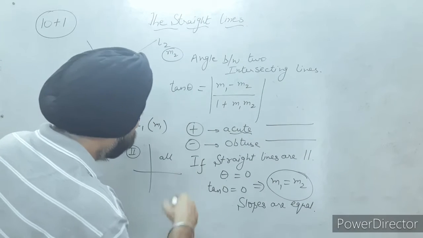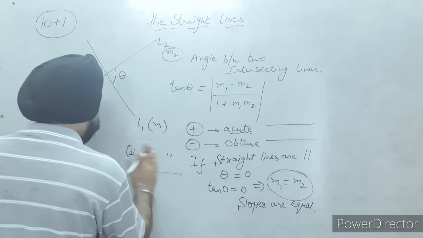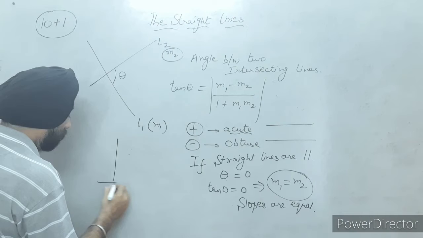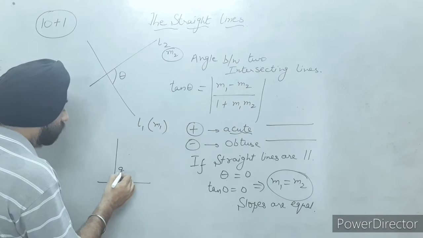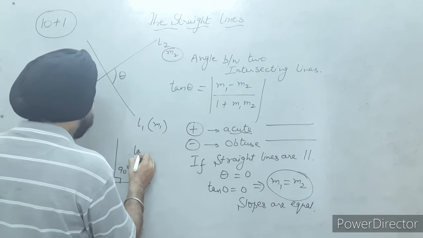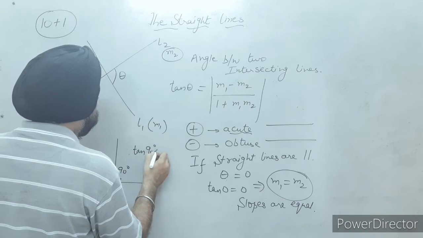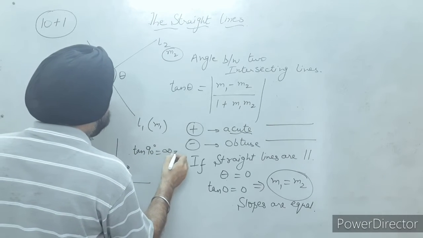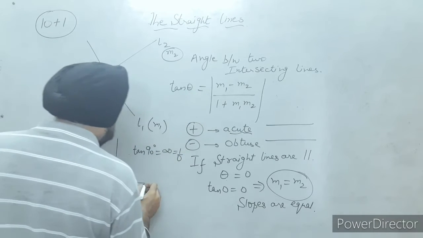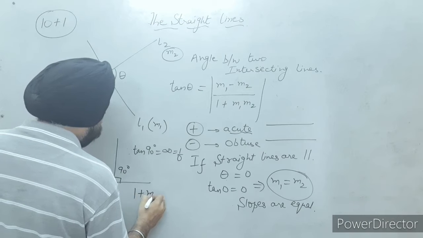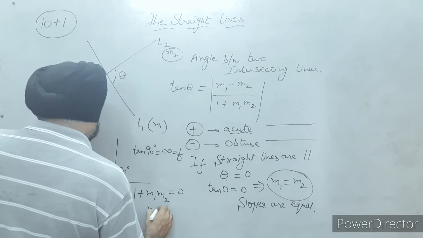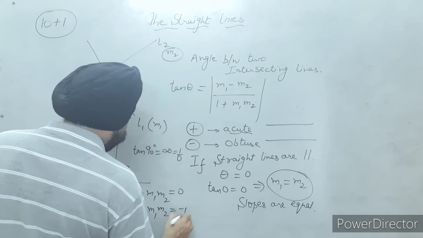Now, if the lines are perpendicular like this, the angle is how much? 90 degrees. Tan of 90 degrees is infinity, or I can write 1 by 0. And from there I will get 1 plus m1 into m2 equals 0, or m1 m2 equals minus 1.